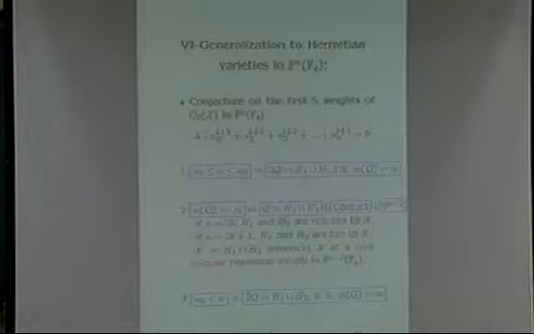When n is odd, as I told you before, the hyperplanes are not tangent to X, and when n is even, the hyperplane is tangent. In the case of P3, we have this; in the case of P4, we have this. In both cases, the subvariety of codimension 2 here is in fact a meeting of X with a non-singular Hermitian variety.